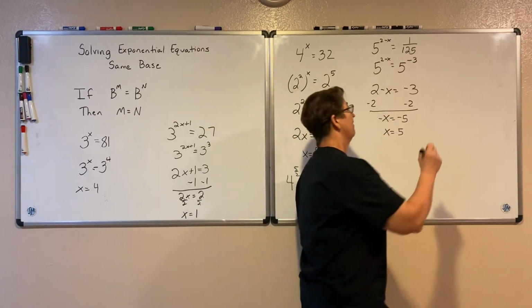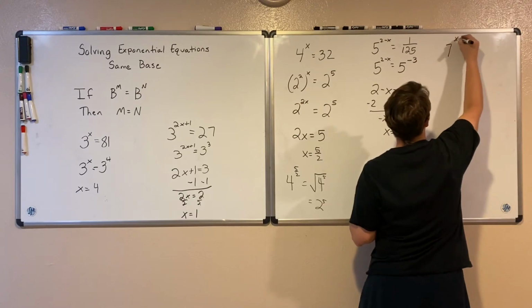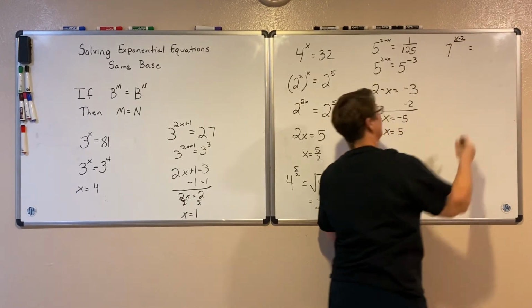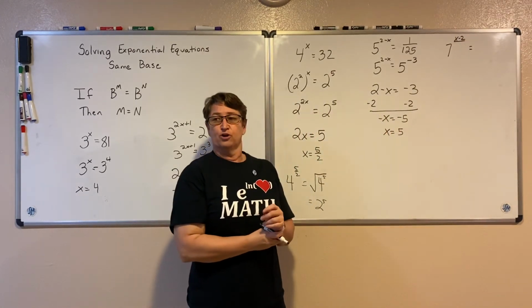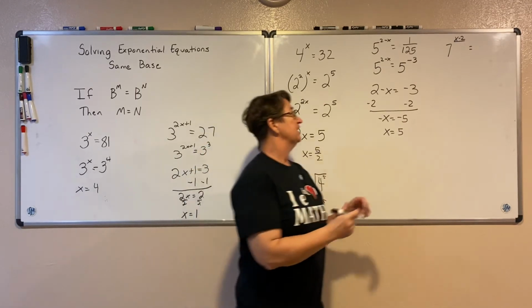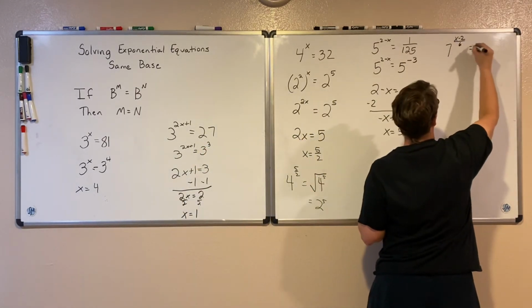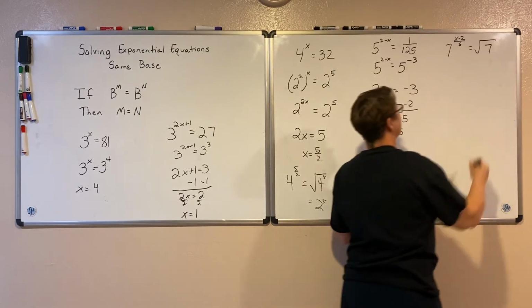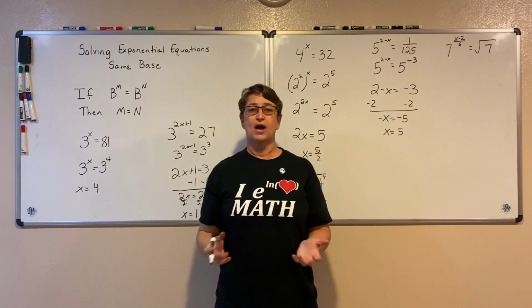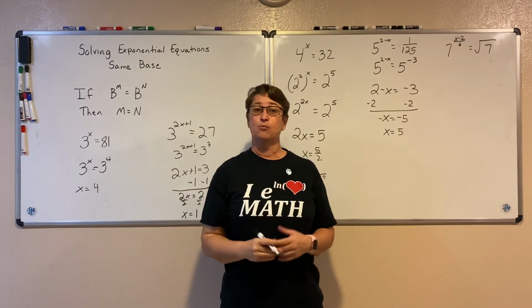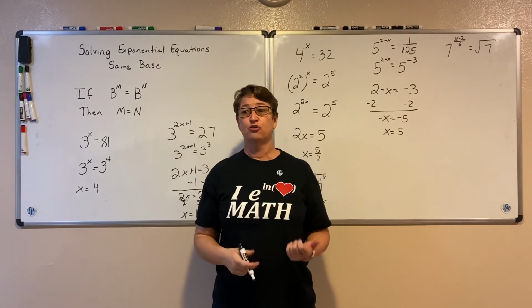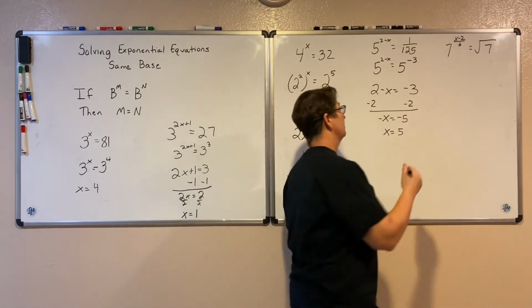Here I have 7 to the x minus 2 over 6 is equal to the square root of 7. I want to first try to make my bases be the same. Well, I see a 7 on both of those, so I bet I can make 7 be the base.